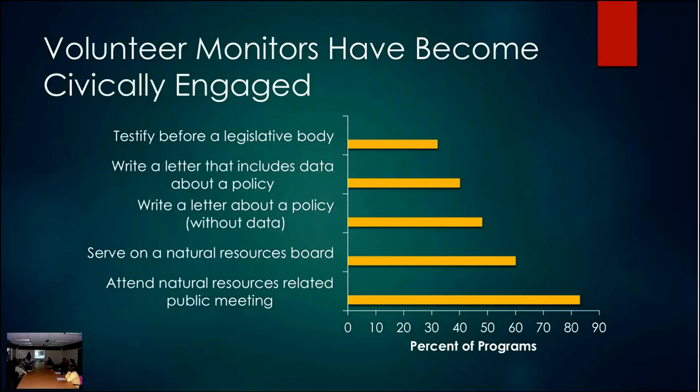About 60% of programs reported their volunteers had served on a natural resources board, and I'll tell you, from the vignettes that were shared, I think volunteers have served on every kind of planning commission and conservation commission, and as mayors, and every kind of board in a community that you could come up with. I think a volunteer monitor has served on that.